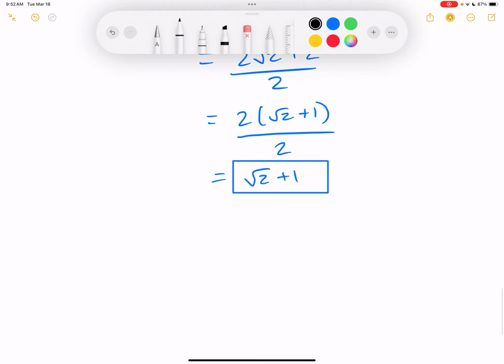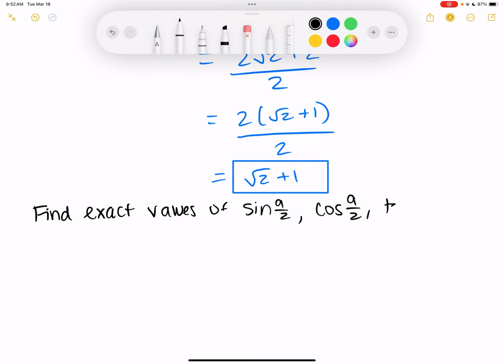All right. Next thing, find the exact values of sine of A over 2, cosine of A over 2, and tangent of A over 2.